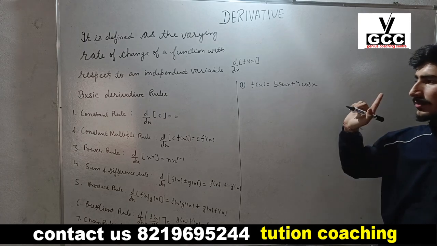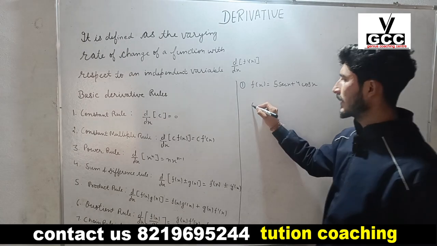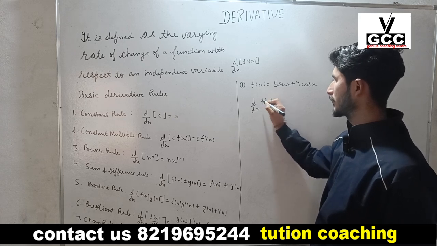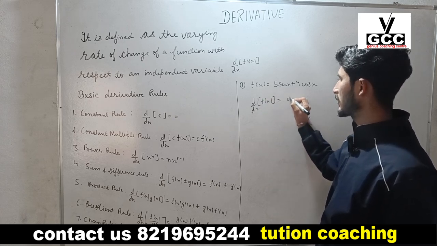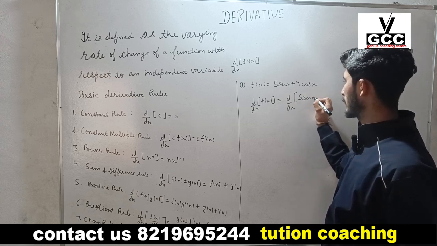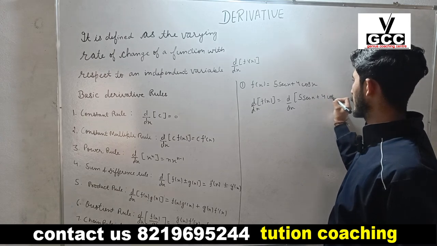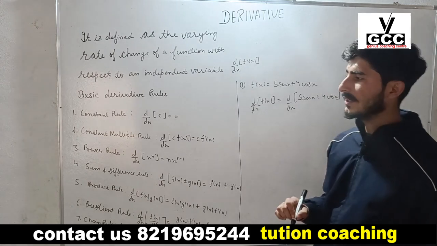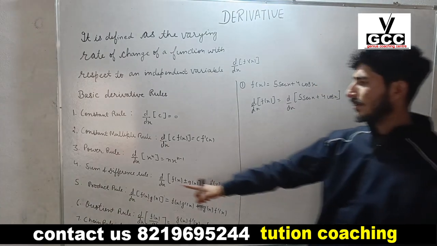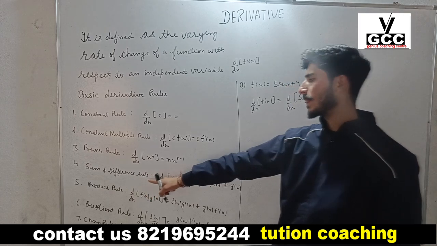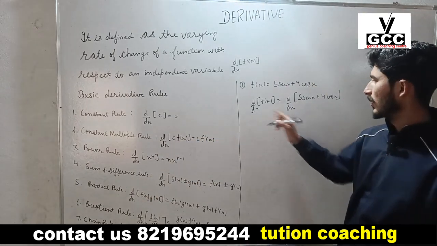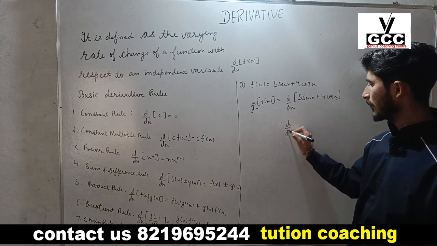Firstly, we check which formula is used in this question. Here two formulas are involved: first the sum and difference rule, and then the constant multiple rule.